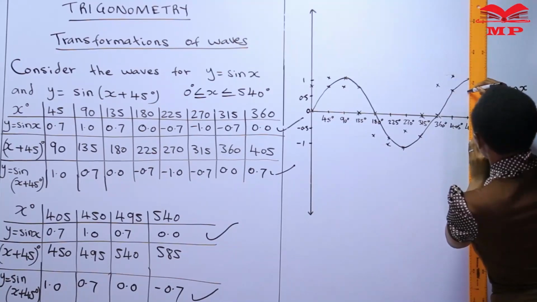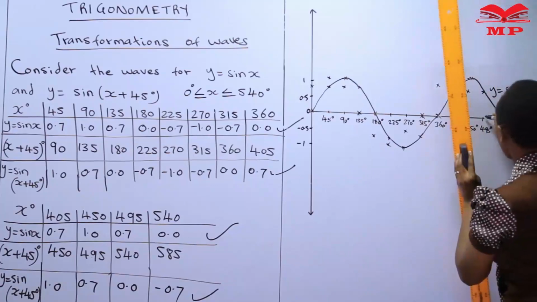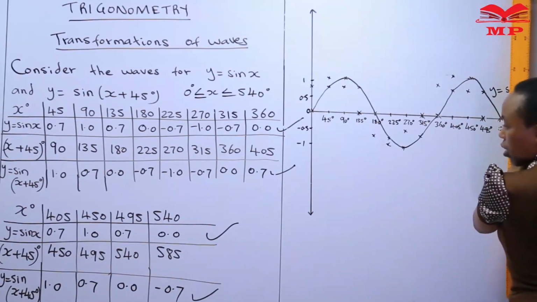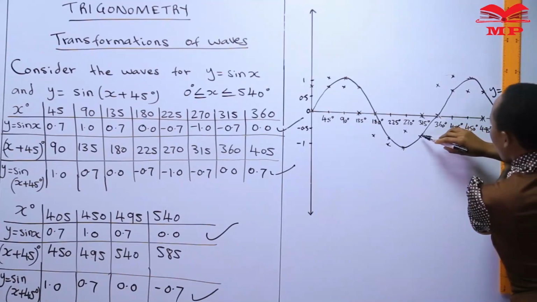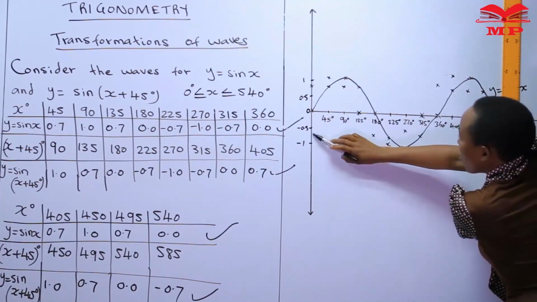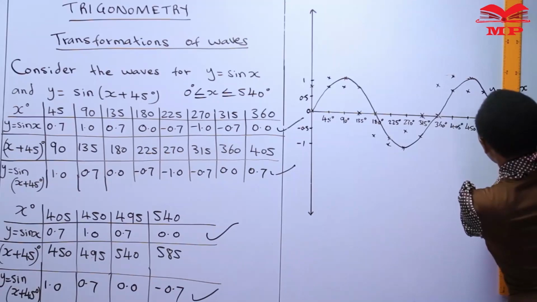Then at 495, we have 0. Finally, at 540, we have negative 0.7, which is this point here.